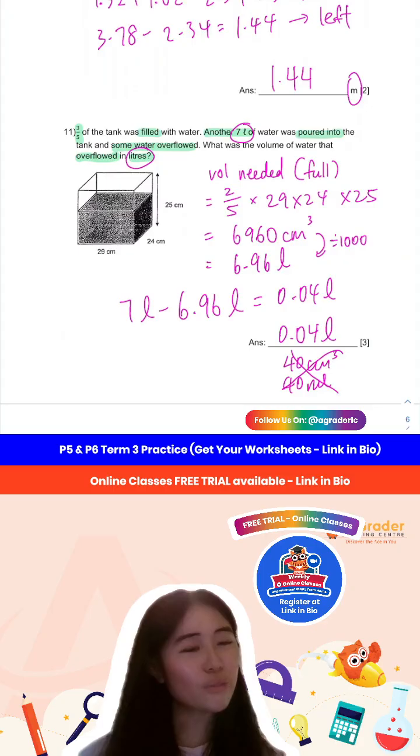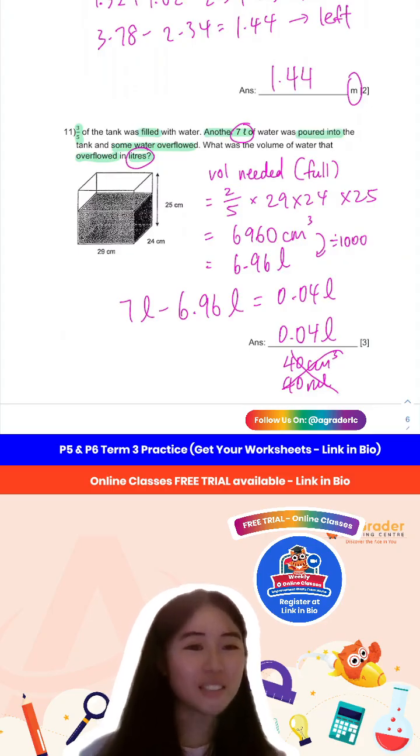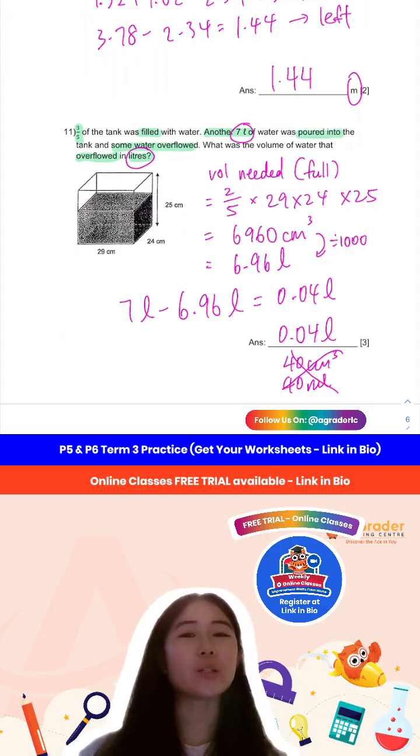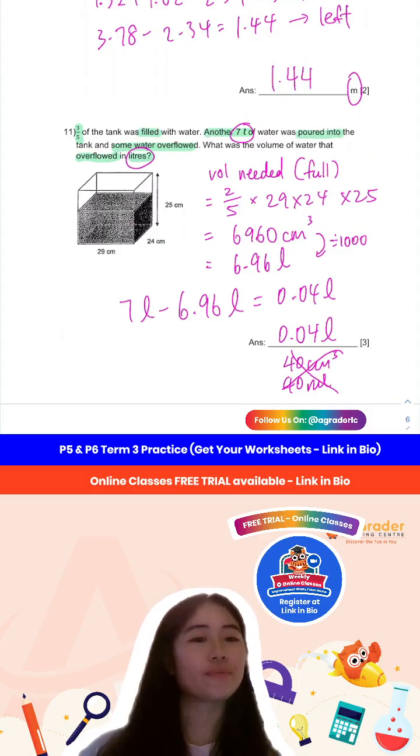Sarah, if you don't have a calculator, then no choice. You need to get a calculator because this is a problem sum, right? So you're supposed to use calculator for this question. Yes, because it's a problem sum, that's why you need to use calculator.